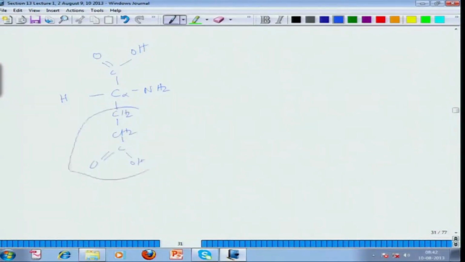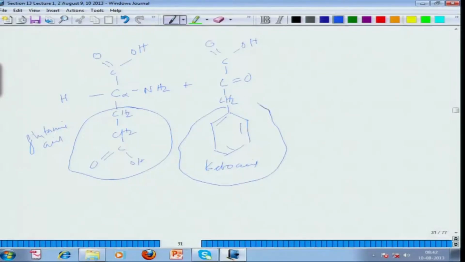This is basically an example of glutamic acid. This glutamic acid plus a keto acid. So, what is a keto acid? Here is the ketone group, and here you have the CH2 attached to a benzene ring. So, this is the part of the keto acid.